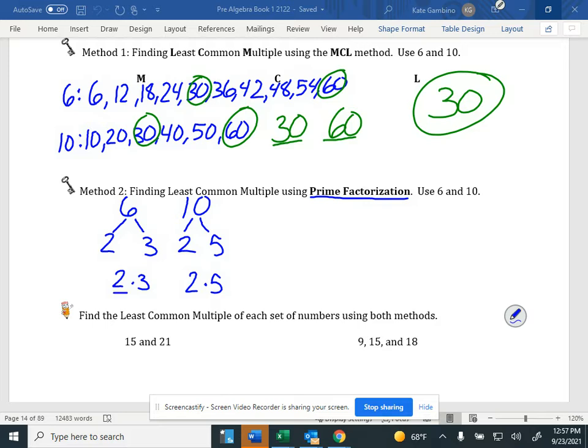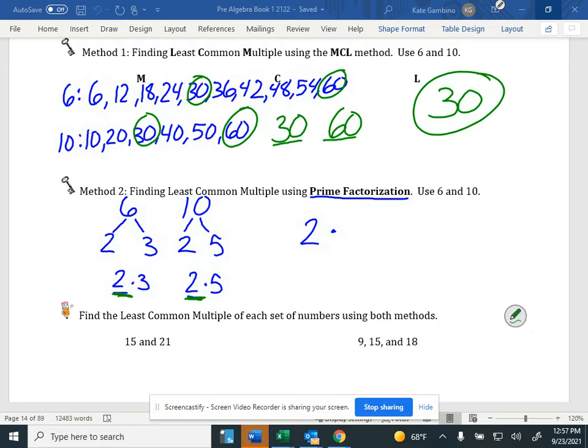I see that there is a 2 and a 2, so I'm going to write that 2 one time, because both the 6 and the 10 have 2 as a prime. They have that in common.